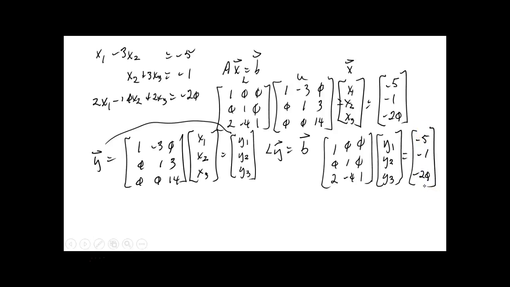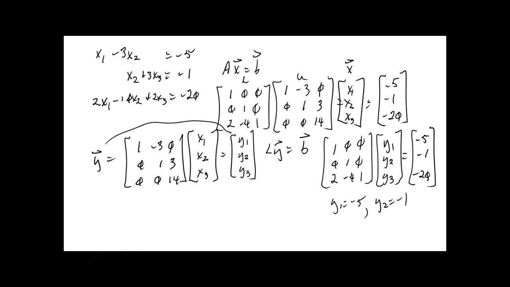Now, where we're starting here is that 1 times y1 is equal to negative 5, right? You see that? y1 is equal to negative 5. And I think we can also see that y2 is equal to negative 1.